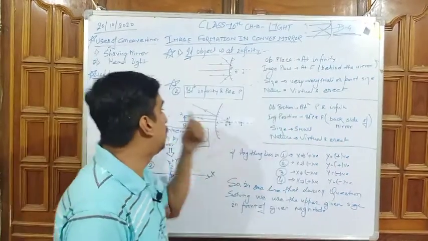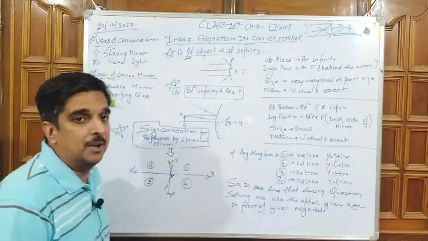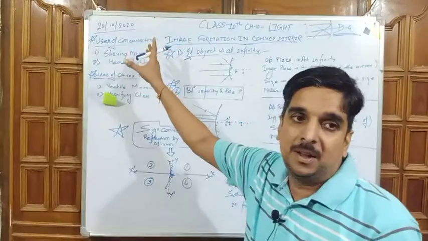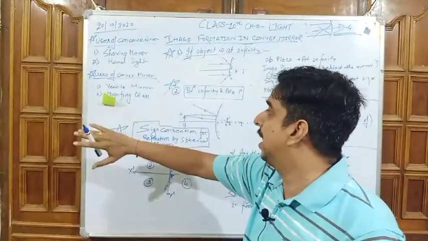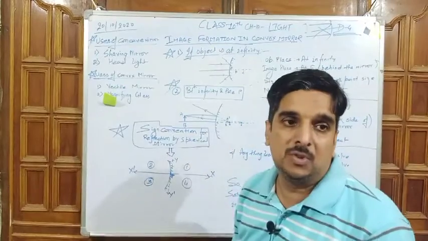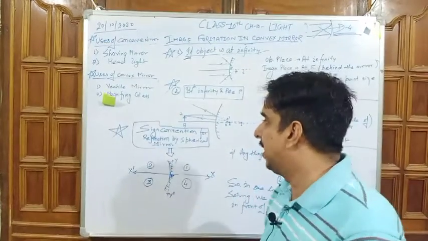So these are the 2 uses separately for concave and convex mirror. Shaving mirror and headlight are examples of concave mirror uses; vehicle mirror and magnifying glass are examples of convex mirror uses.